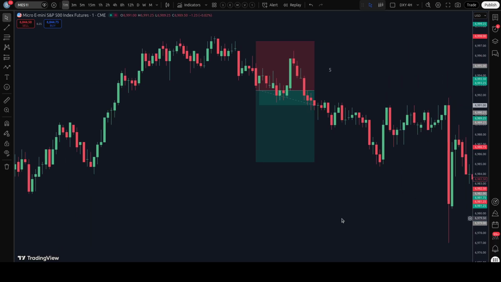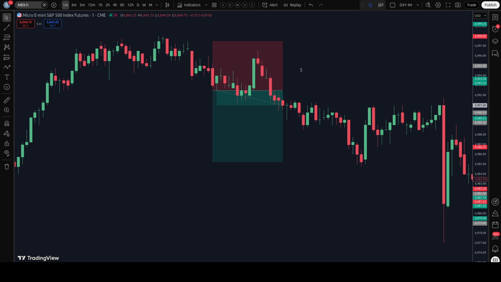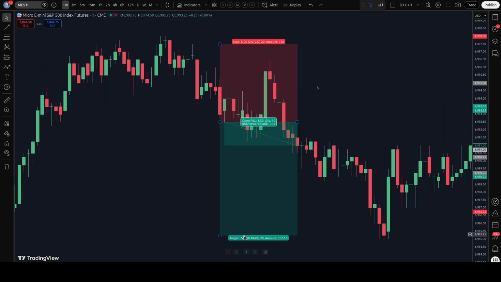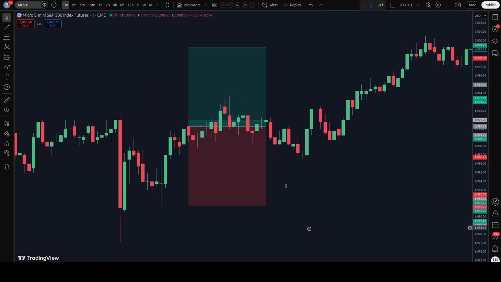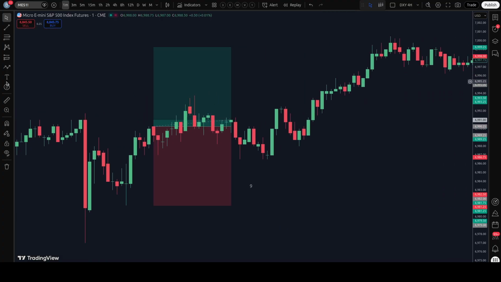And this is on the Micro E-mini S&P 500 futures from last week. We have a 5-point winner here. A 9-point winner.